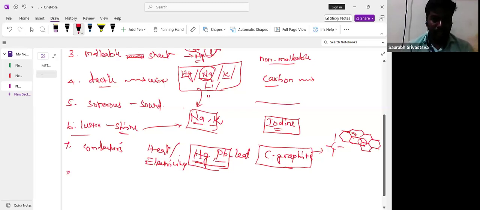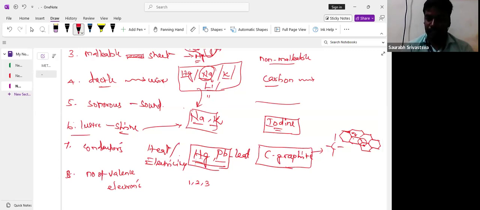The eighth one is the number of valence electrons. If it is a metal, the valence electrons are 1, 2 or 3. If it is a non-metal, it should be 5, 6, 7 or 8.